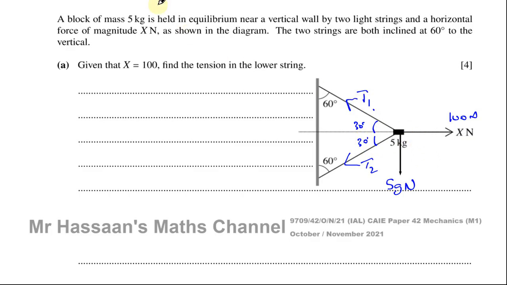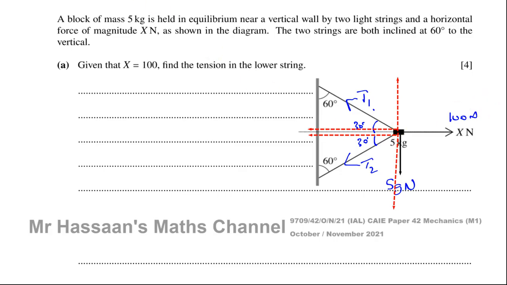If I want to resolve these 2 tensions in the horizontal direction, going away, or in the vertical direction, T1 will have a component up like this, and also a horizontal component. T2 will have a component which is vertical but down, and also horizontal like that.